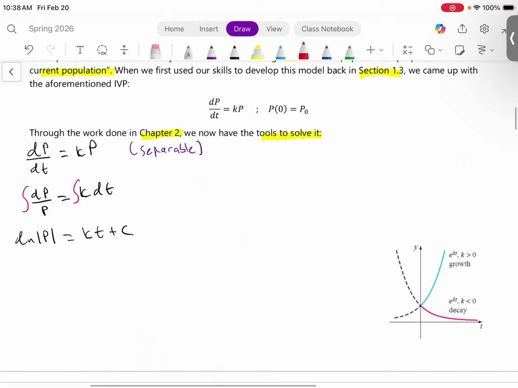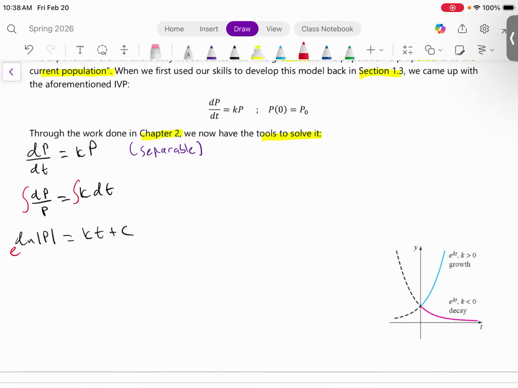Remember, when we have the natural log, we want to take base e of both sides. So the natural log cancels out, and I'm left with just P equals e to the kt plus C.